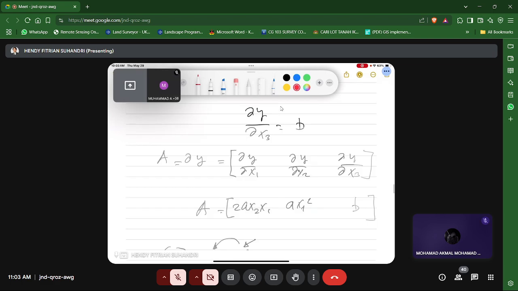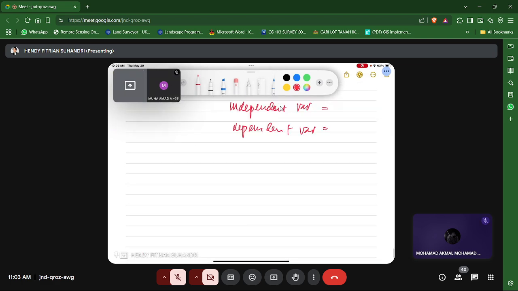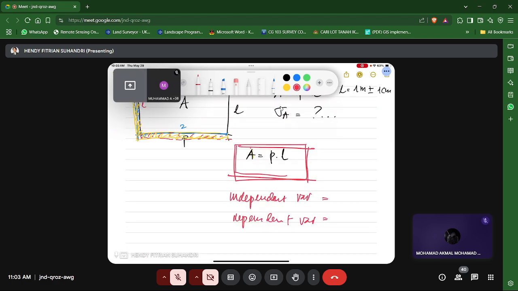Do you have an answer for this? What are the independent variables? It's okay. If it's not true, it's okay. This is the classroom. You have the right to be true or wrong. Then I will fix it.